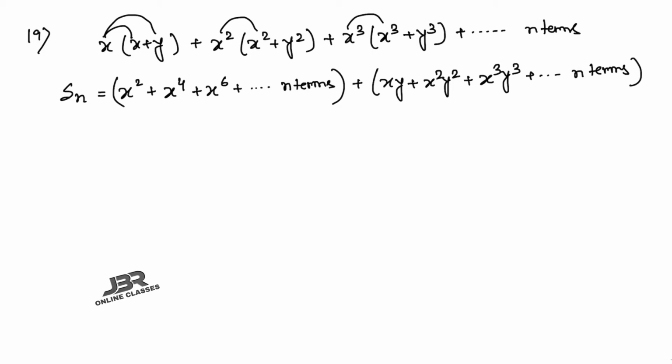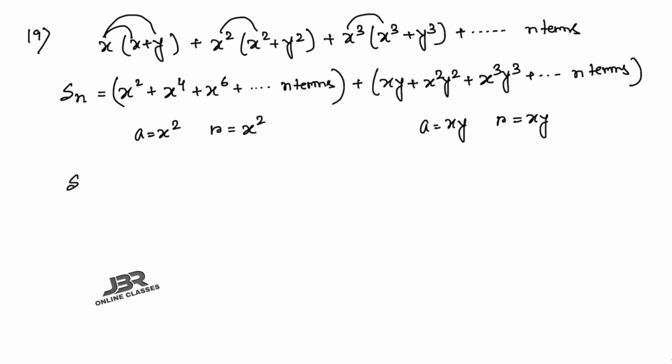So the first series forms a GP where a equal to x square and r equal to x square, and the second is also a GP where a equal to xy and r equal to xy.